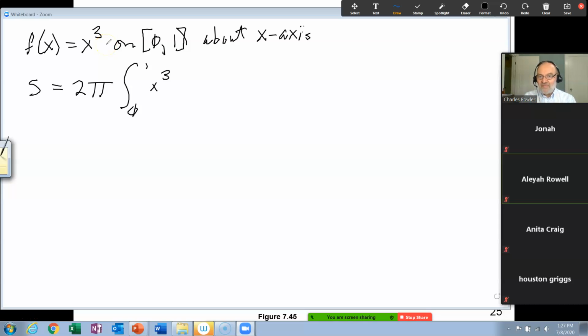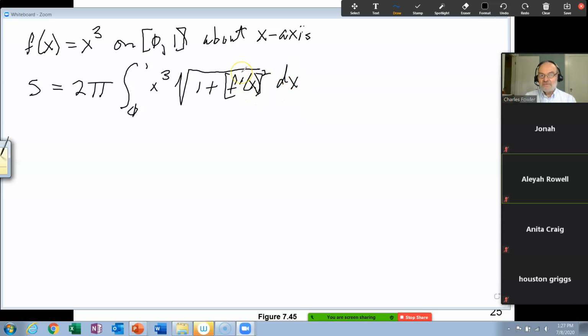Then the rest of your function is the square root of, basically your arc length function, which is 1 plus f prime of x squared, and then that's multiplied by your dx.